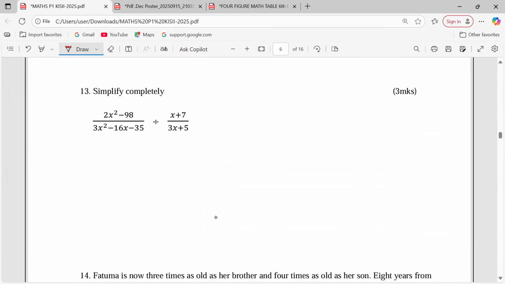Let's deal with the first term, whereby there is a numerator and a denominator. We factor out 2, x squared minus 49, meaning that we can still have the 2 and have this one now simplified, because it's a difference of two squares.